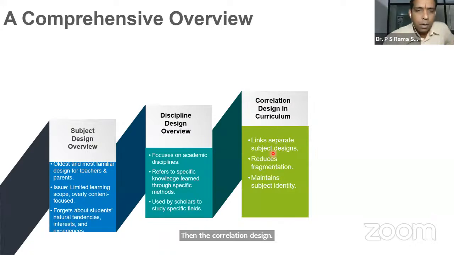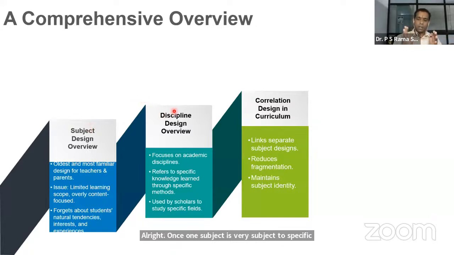Then the correlation design in curriculum. Here, we spoke of subject design and discipline design. These are two specific designs. Subject design is very subject specific. Discipline design is stream specific, computers or mechanical or electrical or civil, whatever it is. It is stream specific.